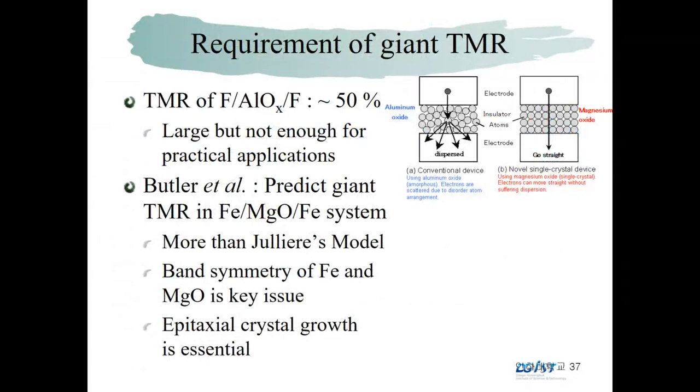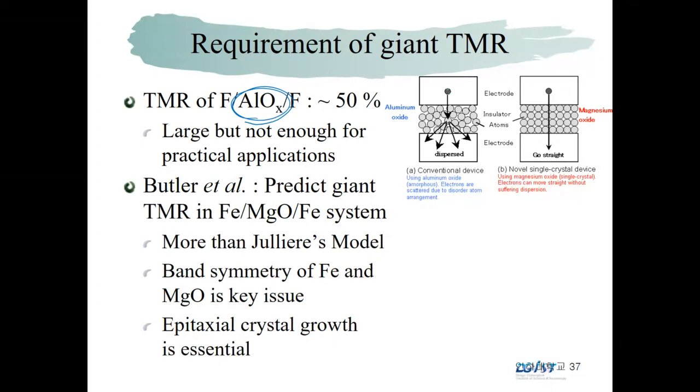So let's compare to the earlier TMR, which was made with a typical insulator layer of aluminum oxide. In aluminum oxide, they form an amorphous phase.